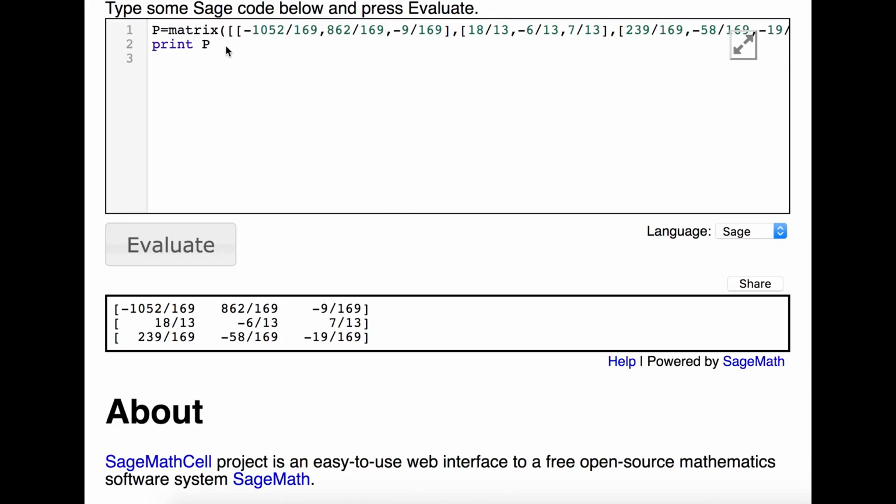Okay, so now in Sage, I've just entered the matrix P, which we just found from the row reduction. I've entered it here and printed it out.